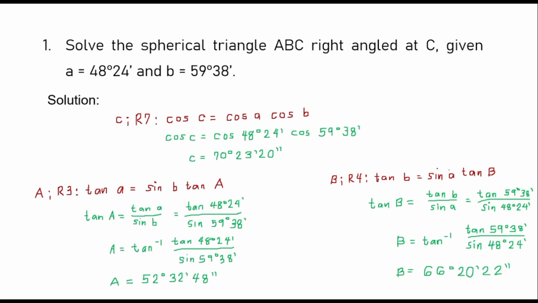So tangent b is equal to tan of 59 degrees 38 minutes over sine of 48 degrees 24 minutes. Then solve. We have b is equal to inverse tan of tan 59 degrees 38 minutes over sine 48 degrees 24 minutes. Then simplify. The result is b is equal to 66 degrees 20 minutes 22 seconds.